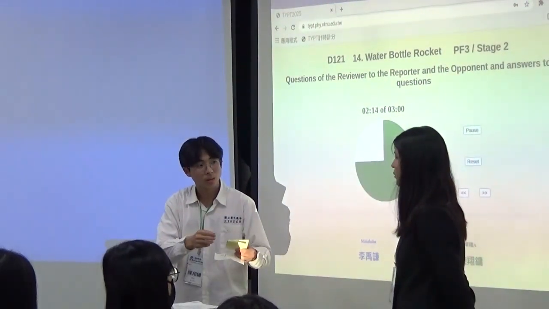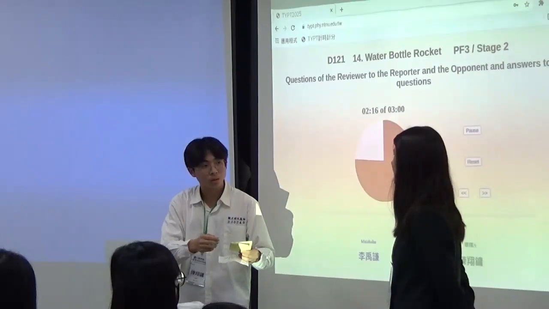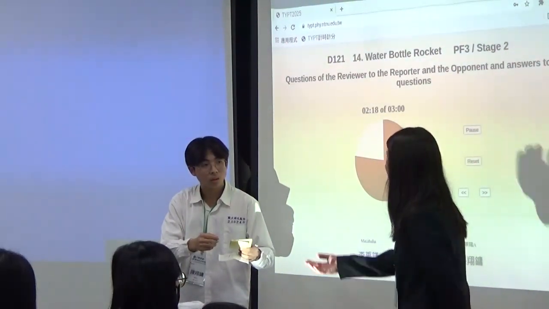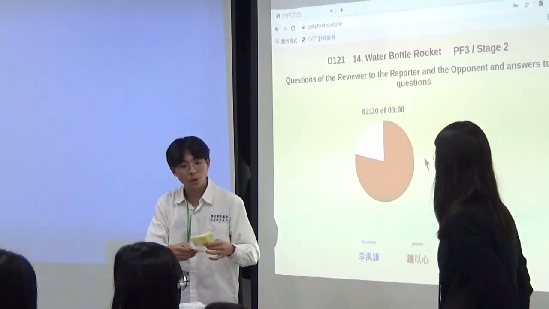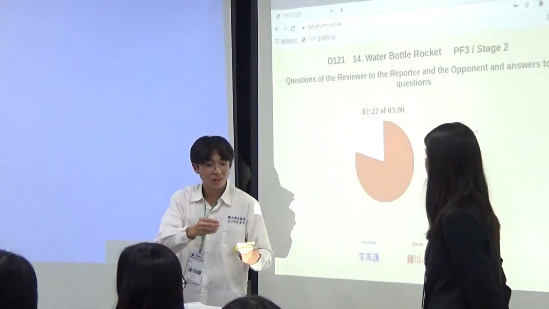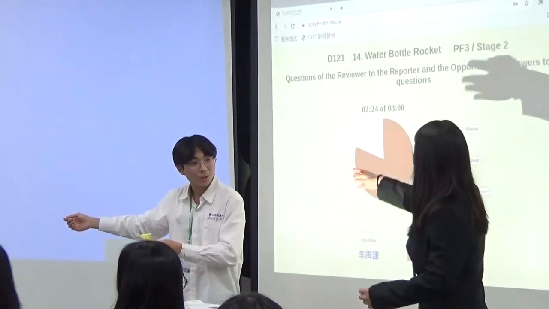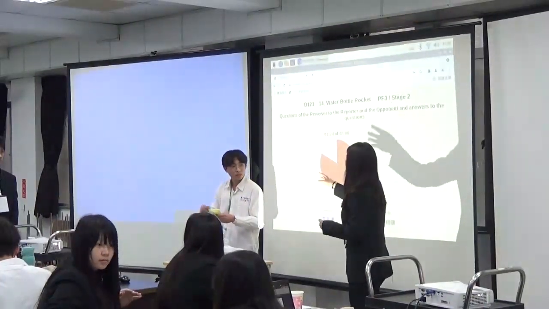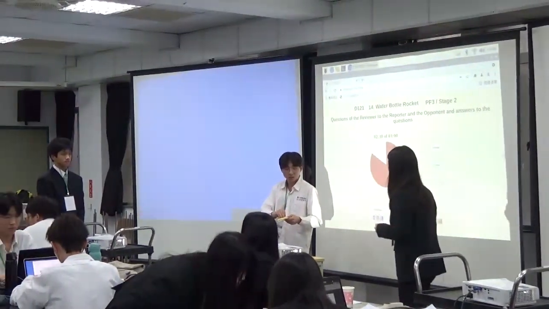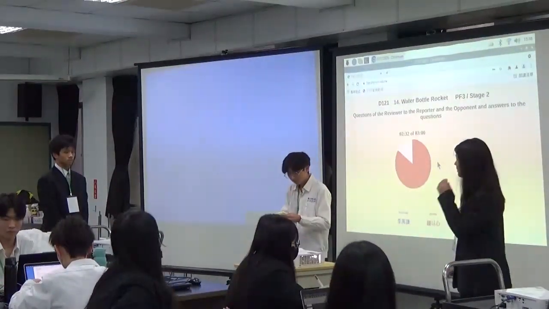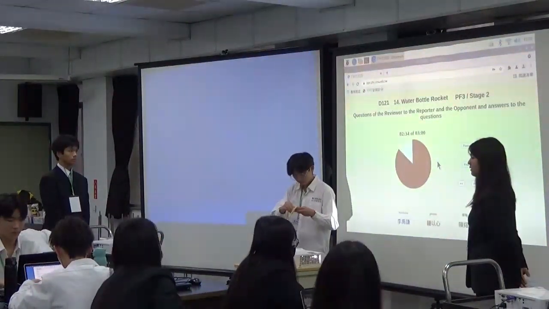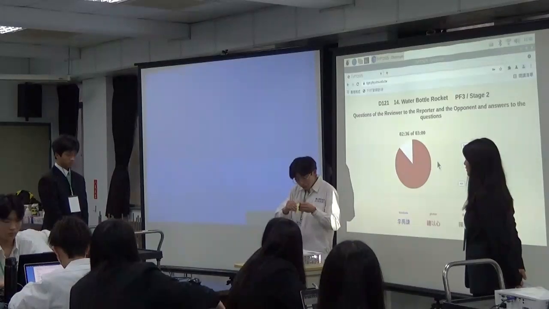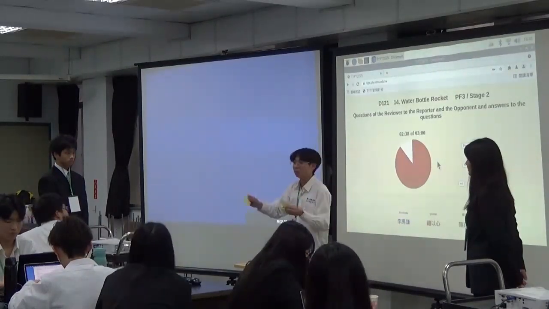I just wanted to ask, what if it is accurate, and he said yes, and I agree with it. So you have no reason. He measured the air pressure, and his experiment setup can measure air pressure inside the water rocket. Okay, that's all.